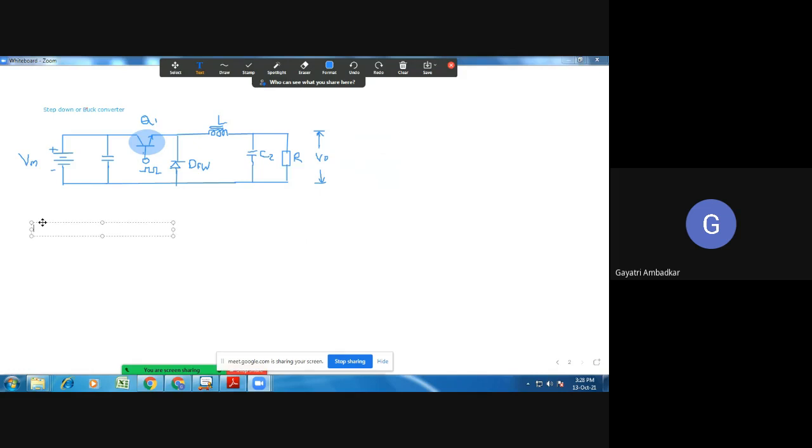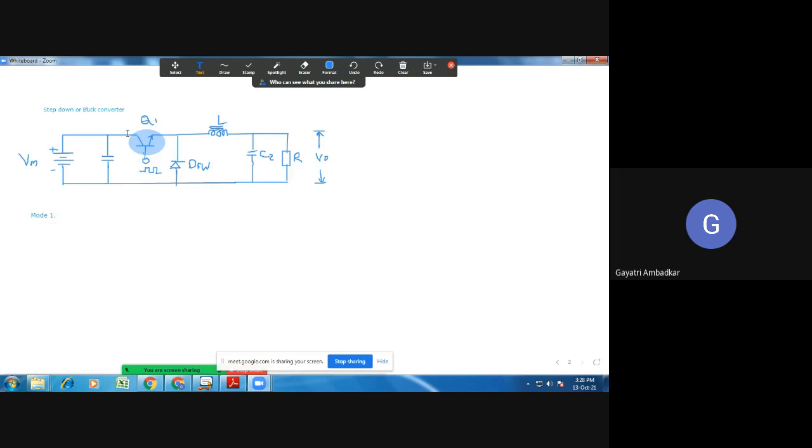Let us see mode 1. What happens in mode 1? In the first mode, we assume that the switch is on, Q1 is on, because you see we are giving pulses here.